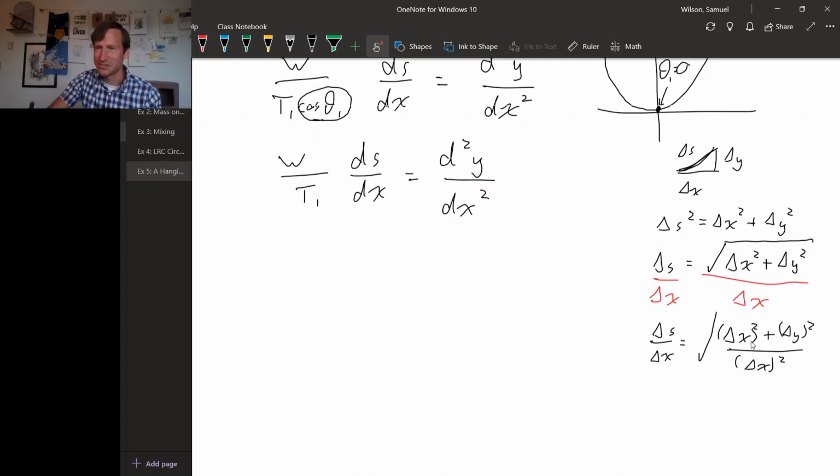I should probably have a parentheses here. And then simplifying the stuff in the square root, we get delta s over delta x is the square root of, now delta x squared over delta x squared, that's 1, plus delta y squared over delta x squared, that's delta y over delta x, squared.